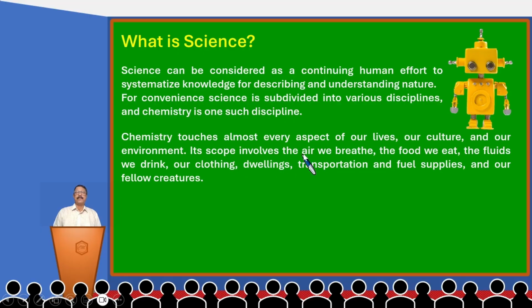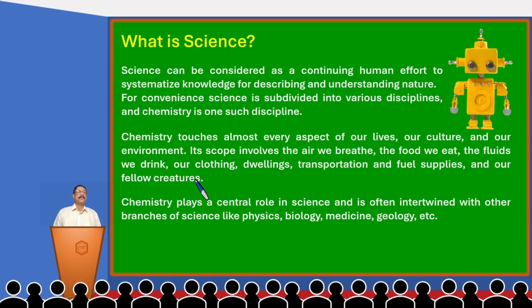Its scope involves the air we breathe, the food we eat, the fluids we drink, our clothing, dwelling, transportation and fuel supplies, and our fellow creatures. Chemistry plays a central role in science and is often intertwined with other branches of science like physics, biology, medicine, geology, and many others.